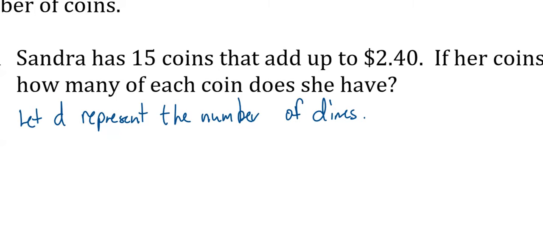Don't shout it out, but put your hand up if you think you have an idea. Okay, a couple people have an idea. Here's another tip. We don't know the answer. We're going to work it out. But let's say, what's a possible answer for the number of dimes? What might it be? Is it going to be 40? Why? She only has 15 coins. How could you have 40 dimes and negative 25 quarters? Like, that's ridiculous, right?